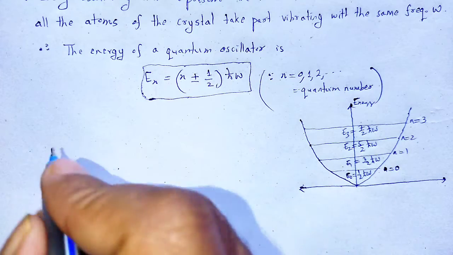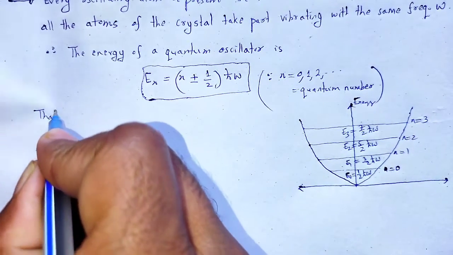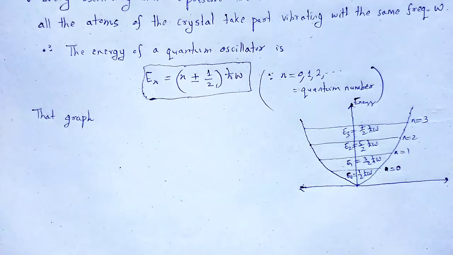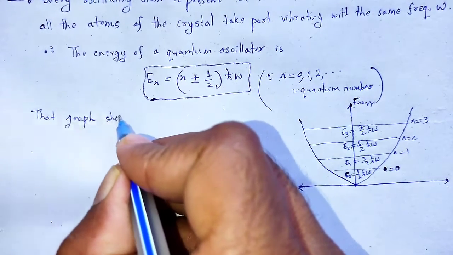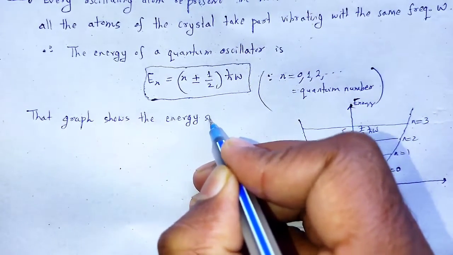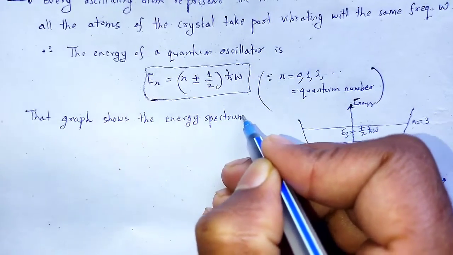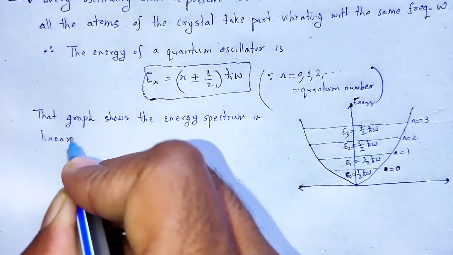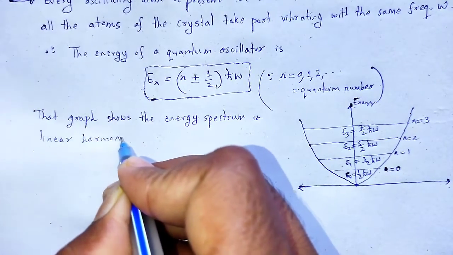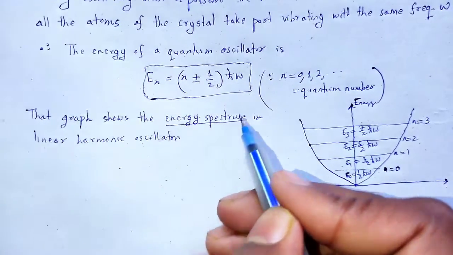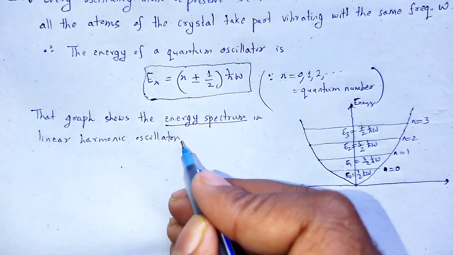That particular graph shows the energy spectrum in linear harmonic oscillator.